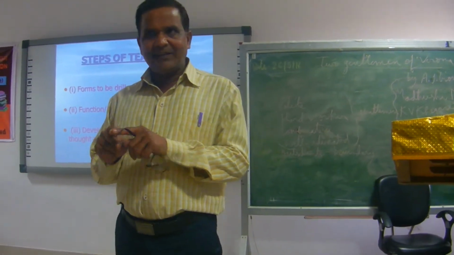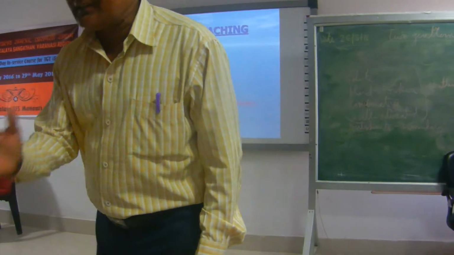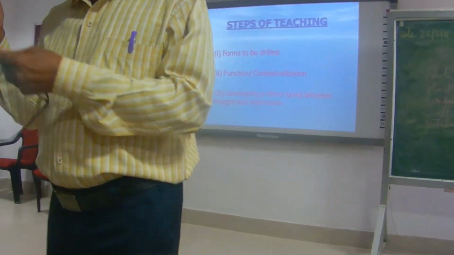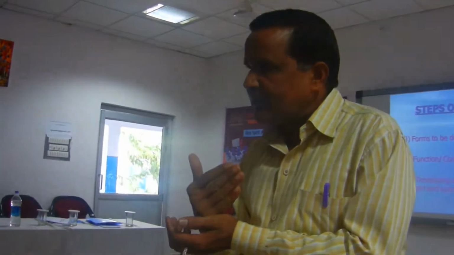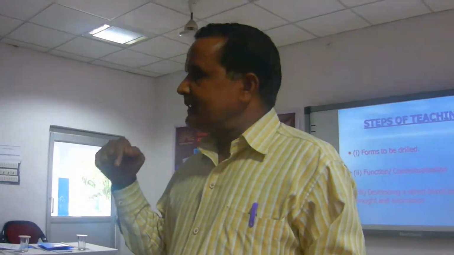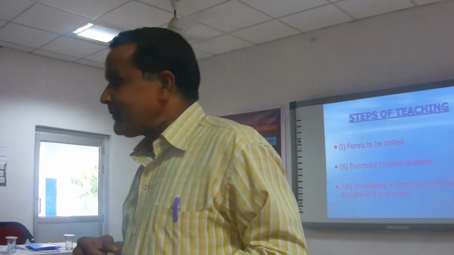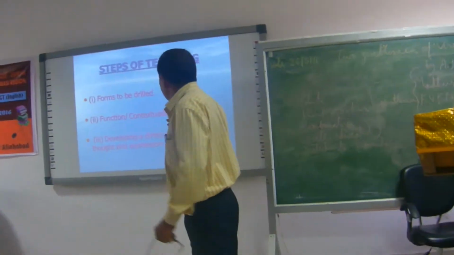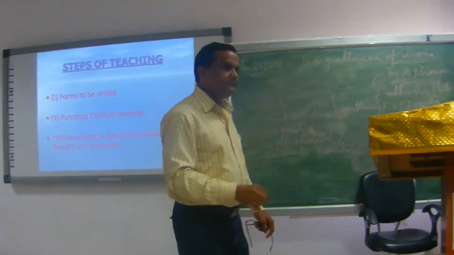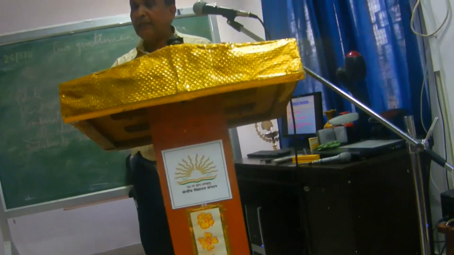Direct bond, how to eliminate mother tongue, how to directly establish a bond between the real life situation and the structure in the intended language, that is English. Yes, that is to develop direct bond between thought and expression. That is why I am running through, because we have already discussed these things.